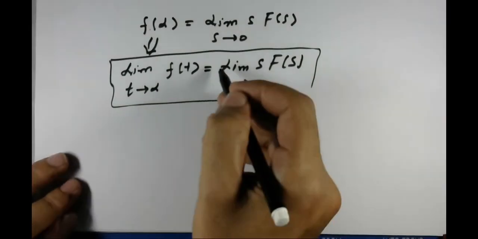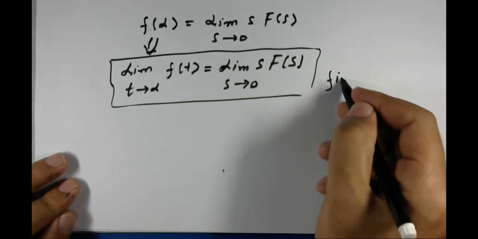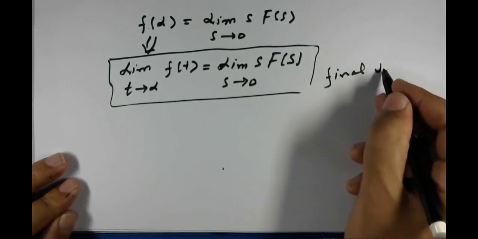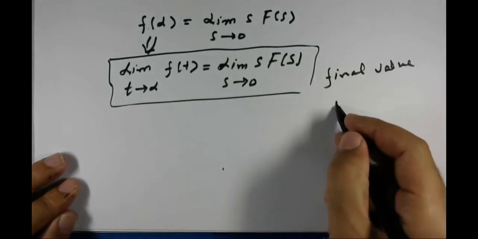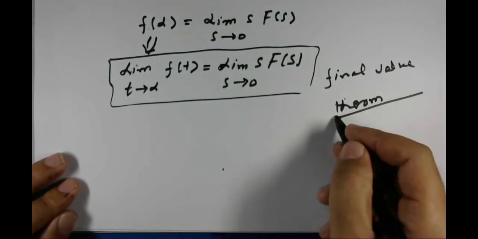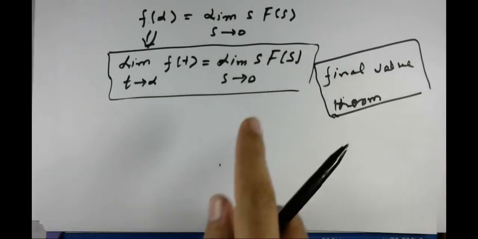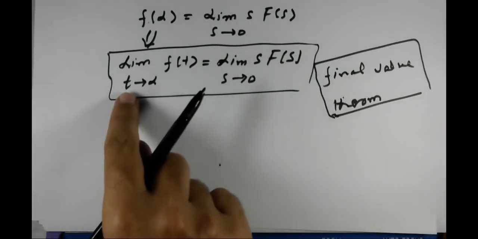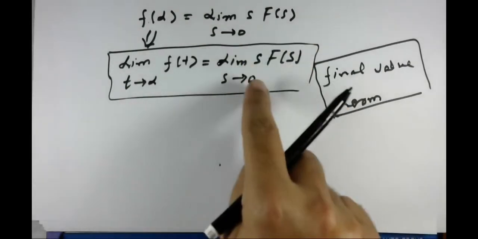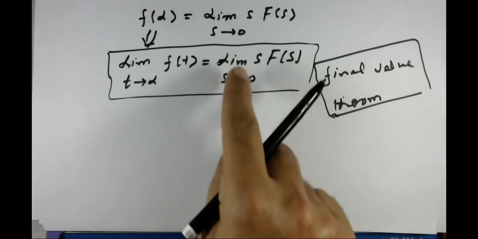So this is called the final value theorem. It helps us find the final value of f(t) without taking the Laplace transform into the time domain and then applying the limit; you can simply evaluate this limit.